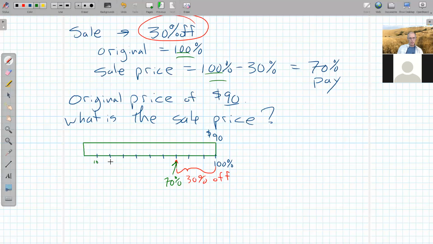Right? Because here I have my 10, 20, 30, 40, 50, 60, 70% over there. And sometimes it's nice to draw these bars in, so maybe I'll draw some dotted lines to show my 10% marks.